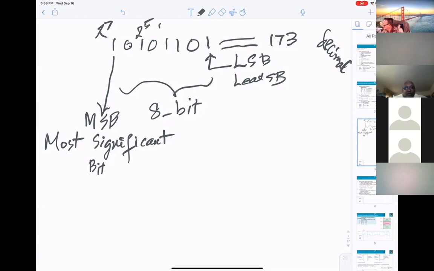Adding this one, 2 power 3, and this one, 2 power 2, and this one, 2 power 0. 2 power of 7 is 128, that means 2 times 2, 7 times, 128. 2 power of 5 means 2 times 2 times 2 times 2 times 2, 5 times, 32. 2 power of 3 means 8. 2 power of 2 means number 4. 2 power of 0 is 1.